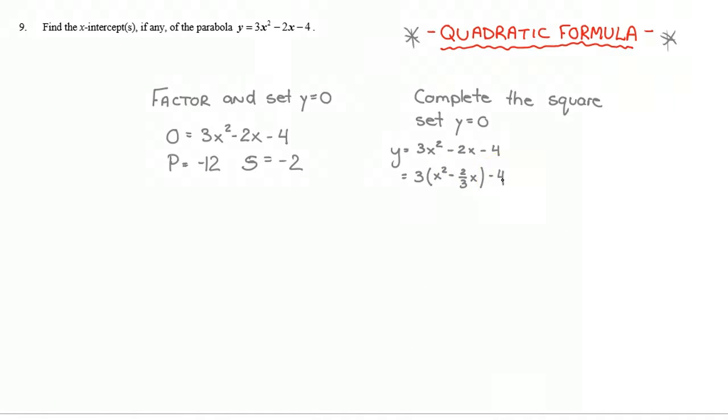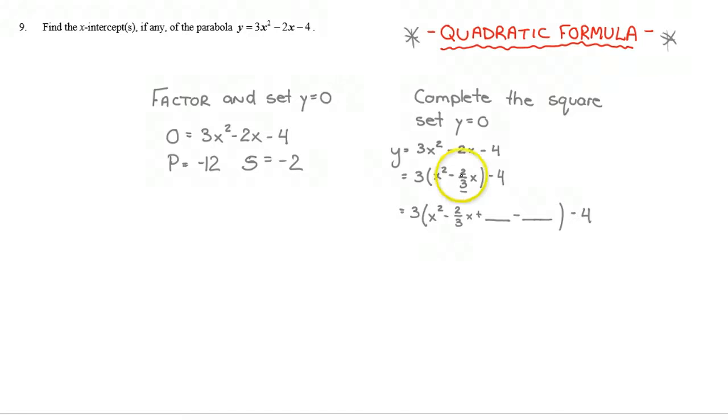Then I'll add and subtract what I sometimes call the magic number, though I tend not to like that term more and more because it's not ideal.